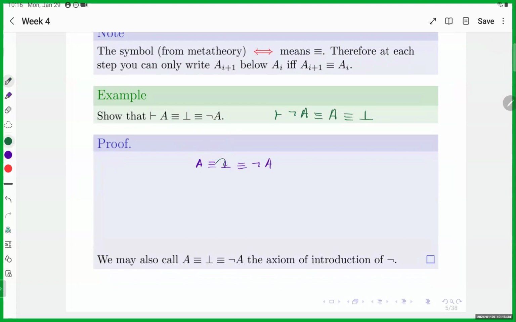And again, by associativity, we said that we can put the brackets anywhere we want when we have sequences of these consecutive equivalences. Doesn't matter which operation you do first. By associativity, they're all the same.